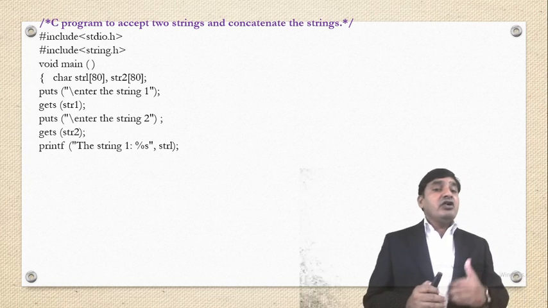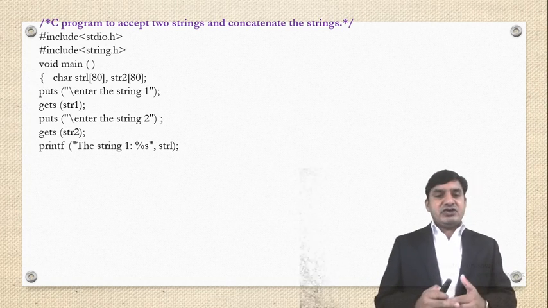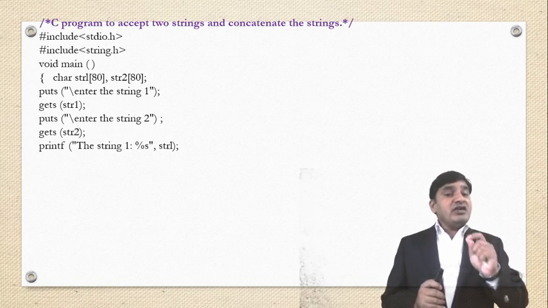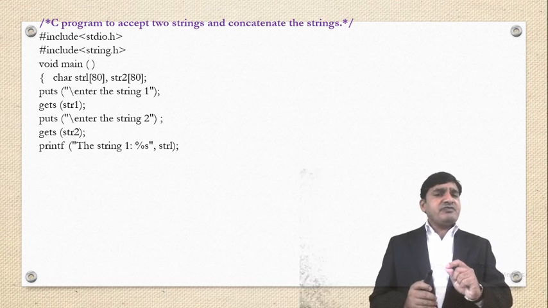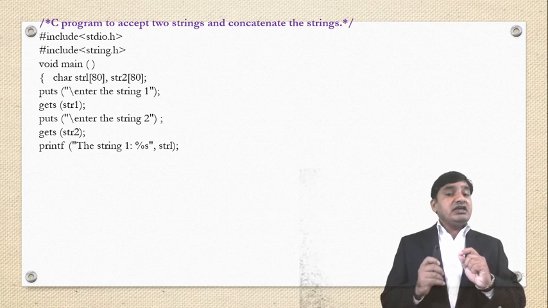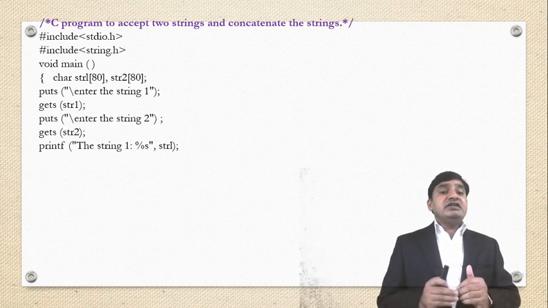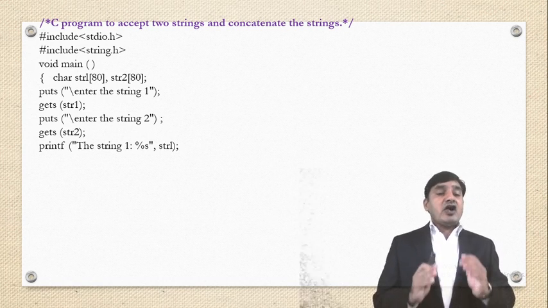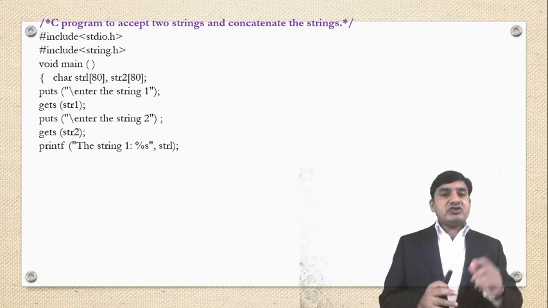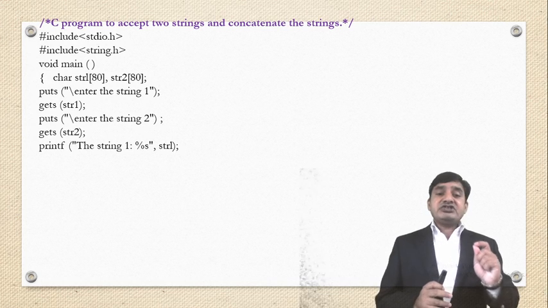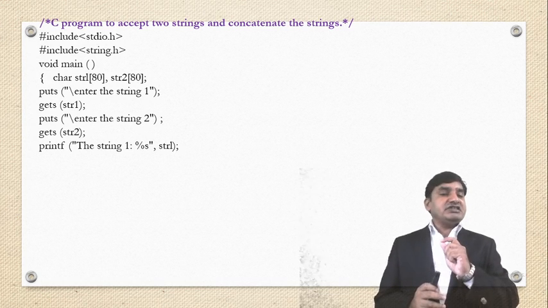Okay, now printf function. The string 1 which is entered by using gets function is displayed on a screen by using this printf function. So printf, string 1 is percentage %s.